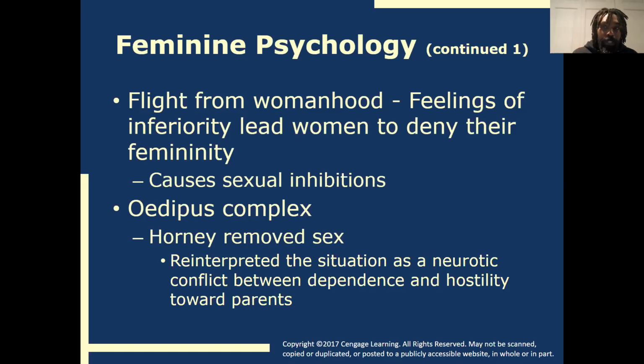And the sexual element that was removed was this desire that Freud believed that children innately had towards the parent of the opposite sex. So for Horney, certain parental behaviors create hostility from the child if they undermine the need for safety and security. Combined with our dependence on our parents at an early age, this explained the conflict between feelings of dependence and hostility.